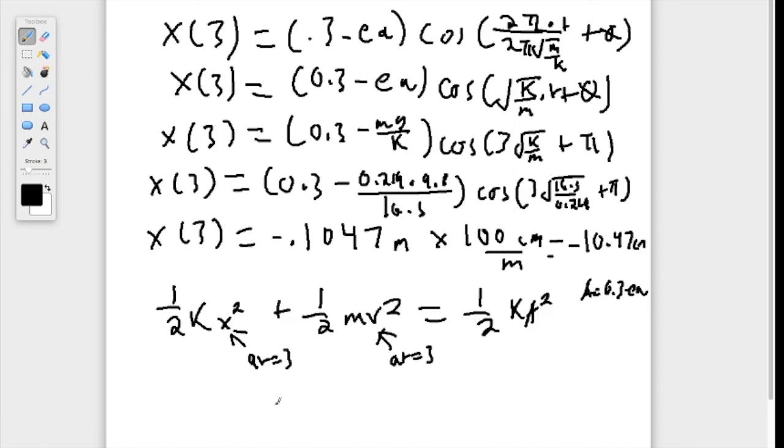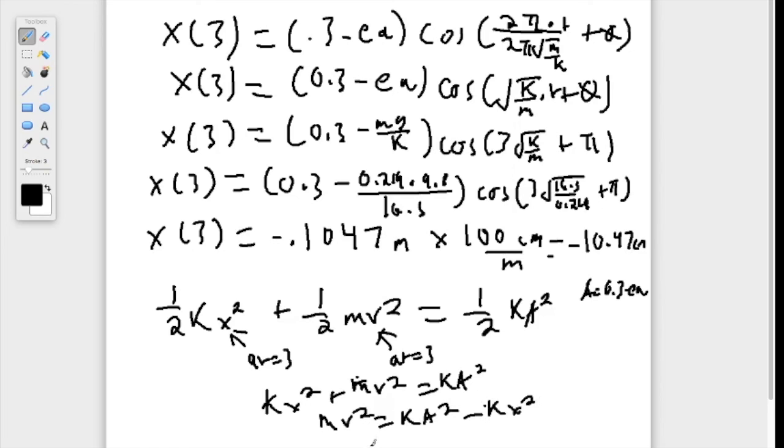Same gist here. So the 1/2's cancel out, so you get kx squared plus mv squared equals kA squared. I'm going to bring the kx squared to the right side, so we get mv squared equals kA squared minus kx squared. And then I'm going to simplify this to be v squared equals w squared times A squared minus x squared. So we get v equals w radical A squared minus x squared.